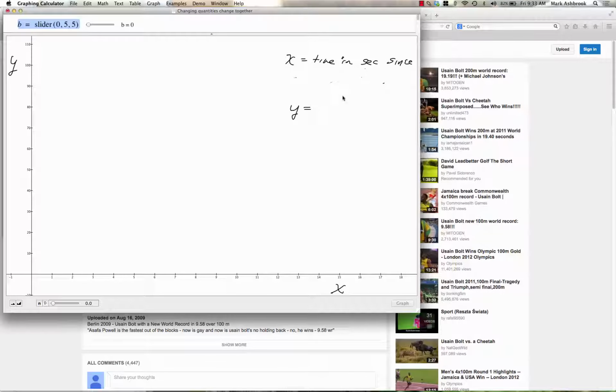Time in seconds since we started the stopwatch. Okay, y is going to be the distance in feet from the sidewalk.